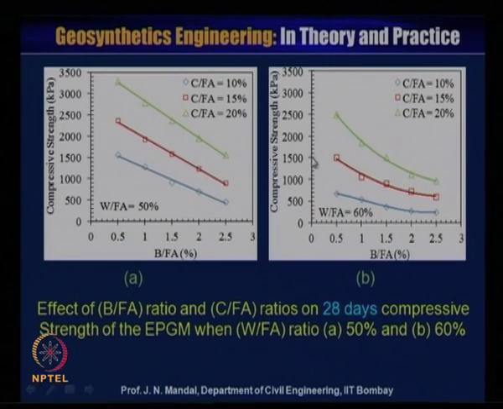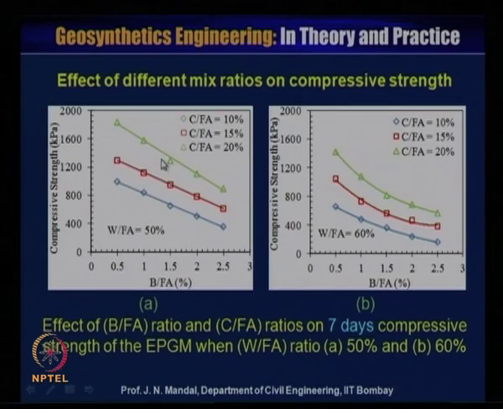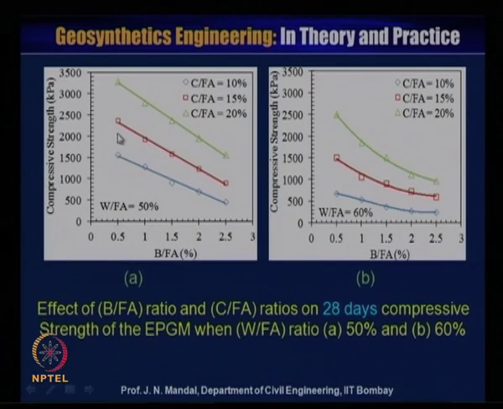You can see that for different cement to fly ash ratios of 10%, 15% and 20%, the compressive strength value is much higher at 28 days; for 7 days it is somewhere below 2000, whereas for 28 days it is about 3000, nearer 3500. So with more days, you have more compressive strength.